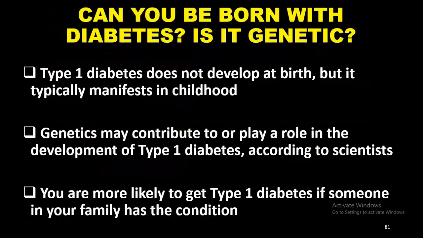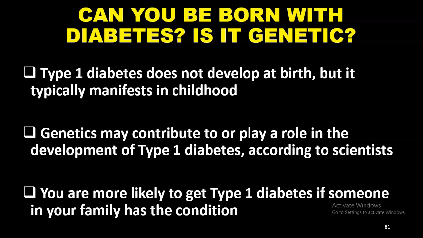Can you be born with diabetes? Is it genetic? Type 1 diabetes does not develop at birth, but it typically manifests in childhood. Diabetes and prediabetes progress gradually over time. During pregnancy, gestational diabetes can develop.